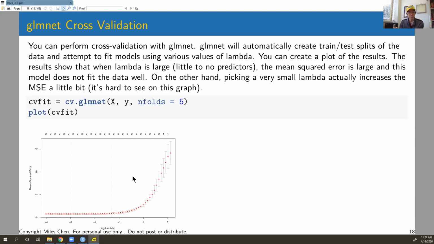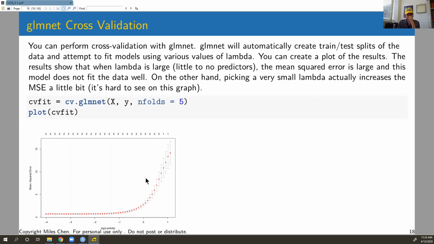And glmnet also features built-in cross-validation. With cross-validation, it does k-fold, and here I said do 5 folds, and it creates this plot that estimates the mean squared error.